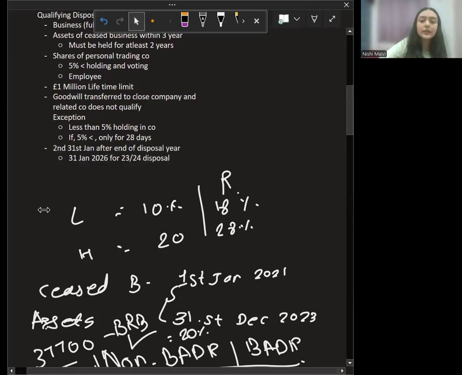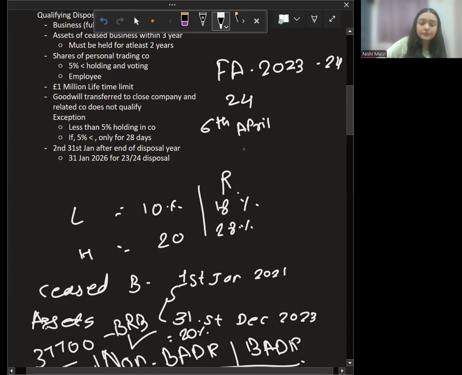Now, when can you claim your Business Asset Disposal Relief? The limit is 31st January after the end of the disposal year. Suppose we are studying Finance Act 2023, so considering 24, the disposal year is 24. Your year starts from 6th April 2023 to 5th April 2024.